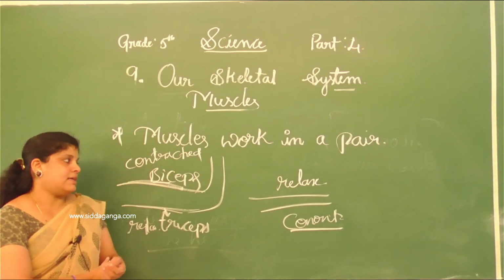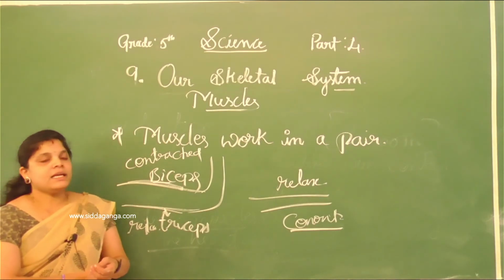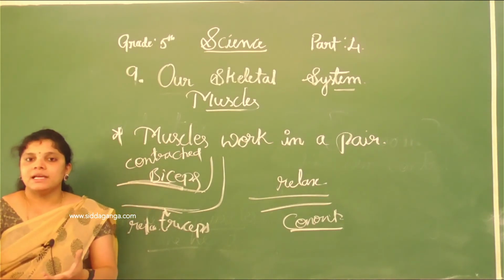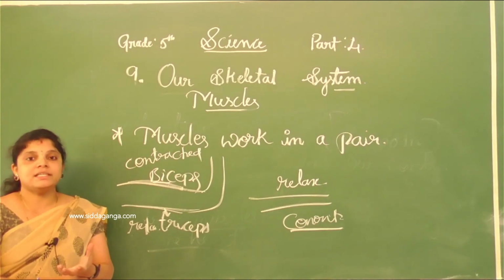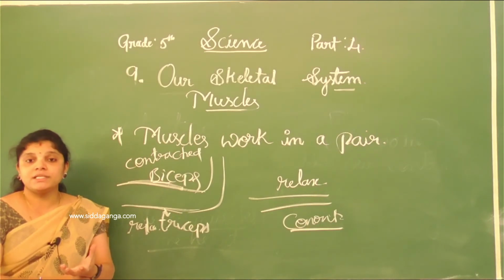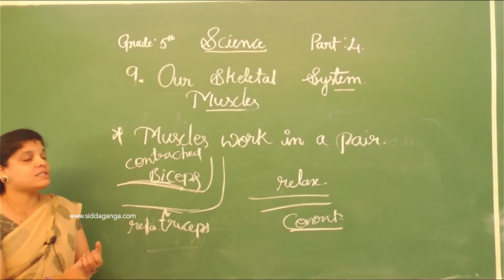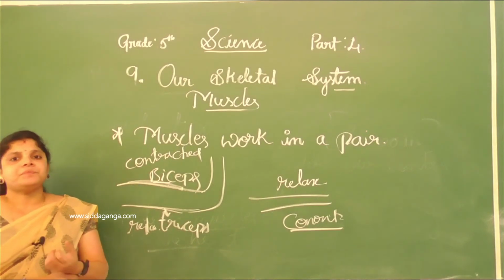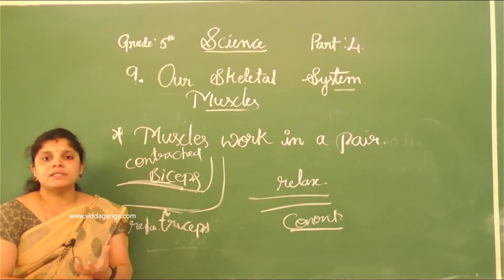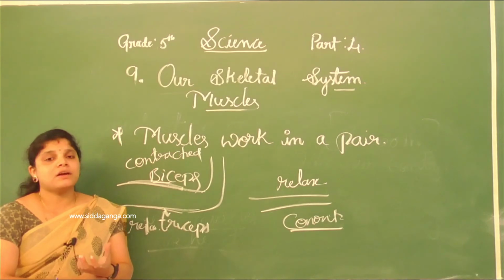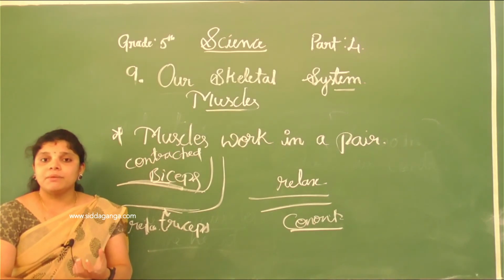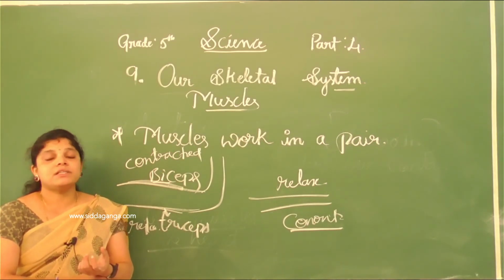Okay, next, dear students, in this class we discussed the kinds of muscles and how muscles work. There are three kinds of muscles: voluntary muscles, involuntary muscles, and cardiac muscles. Voluntary muscles are under our control and are attached to our skeleton.